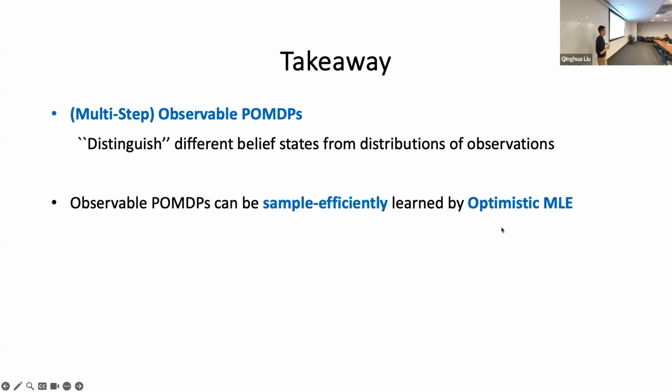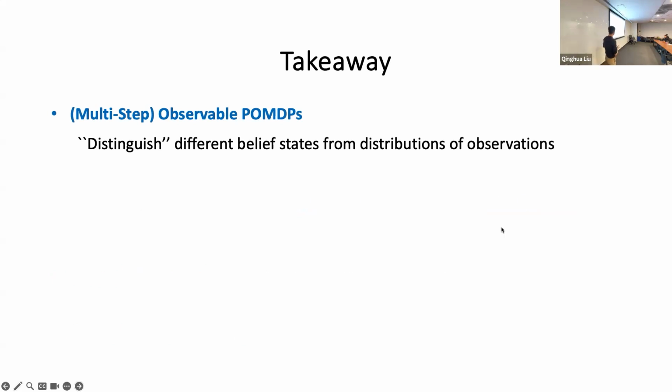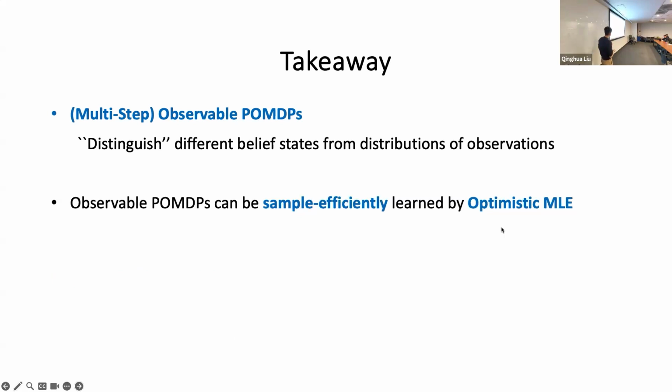Okay, so I'd like to conclude the talk with some simple takeaways. The first one is that today we identified a simple condition called the observable condition. It requires that you can distinguish different belief states by looking at the distributions of multi-step observations.